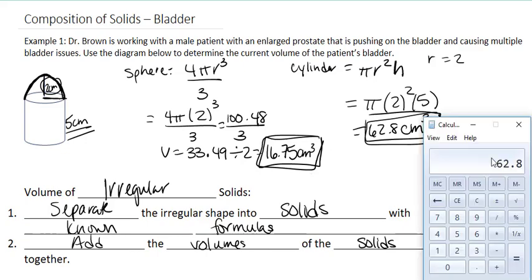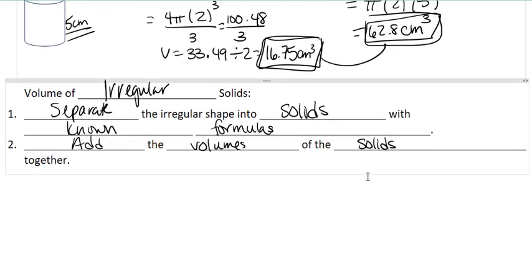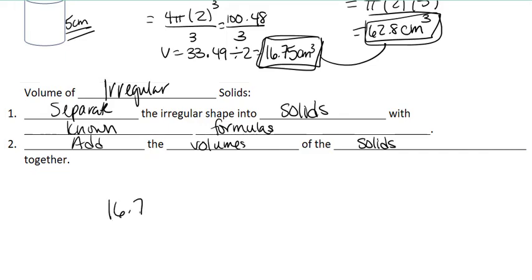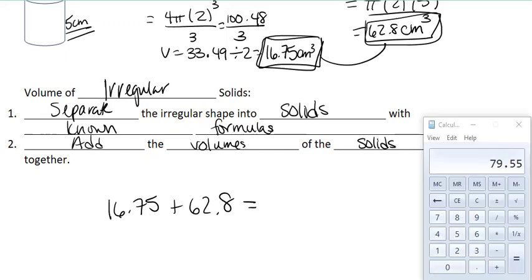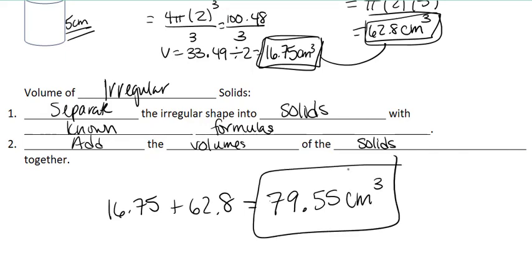So let's add 16.75 plus 62.8, which is equal to 79.55 centimeters to the third power. So this is the volume of our irregular shape.